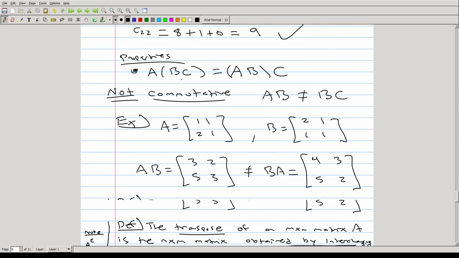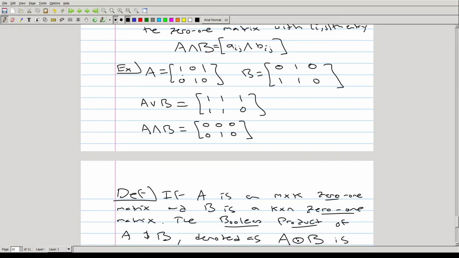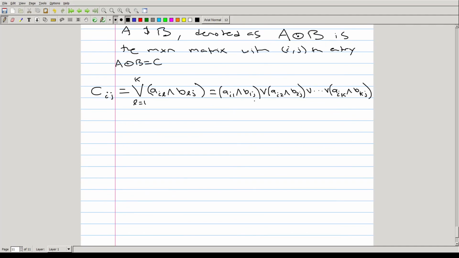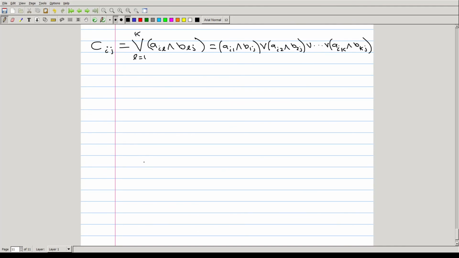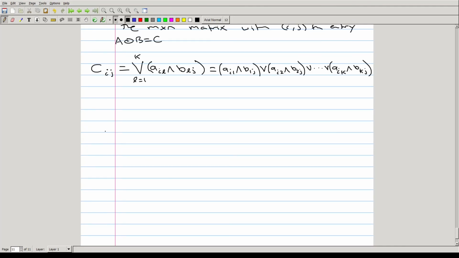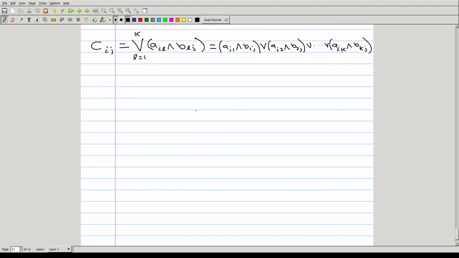Right, so this is a nice way of thinking about this. It's relatively straightforward to use. And we're going to see this as a very important analogy in understanding the closures of a relation with respect to transitivity.